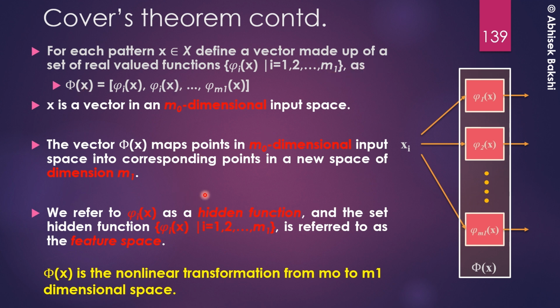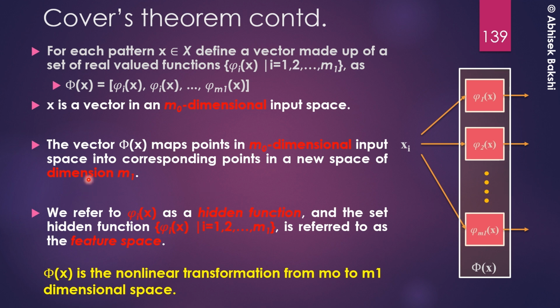Now, in this m0 dimension input space, all the points in capital X, some from class C1 and some from class C2, all have m0 dimension, and we assume that these points x1 to xn are not linearly separable in the m0 dimensional input space.